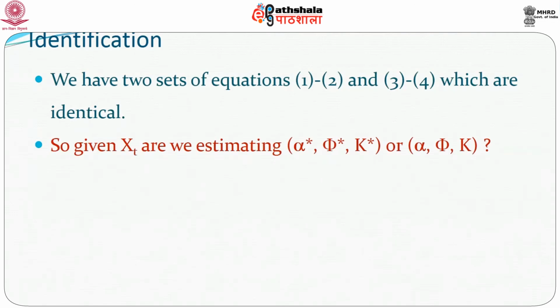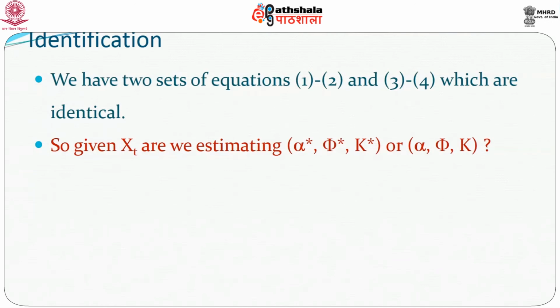So when we estimate the parameters, the question would be, what are we estimating? Are we estimating alpha star, phi star, K star from the given data set xt, or are we estimating alpha, phi and K? Because we cannot identify one from the other.